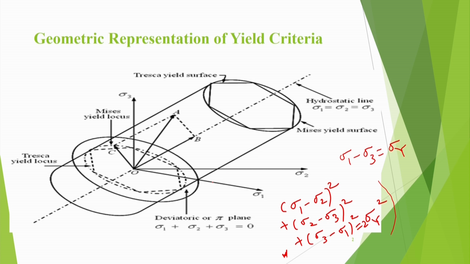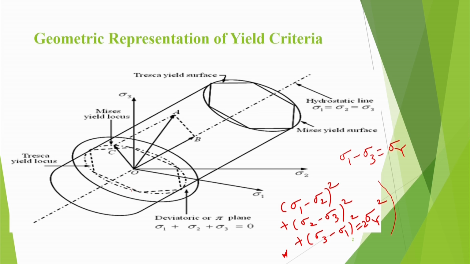That means if any state of stress is inside this cylinder, then it is not failing, but once it is on the surface, it is failing. And the axis of this cylinder is the hydrostatic line, that is sigma 1 equal to sigma 2 equal to sigma 3. So if I am on the hydrostatic line, there is no yielding because I am inside the cylinder.